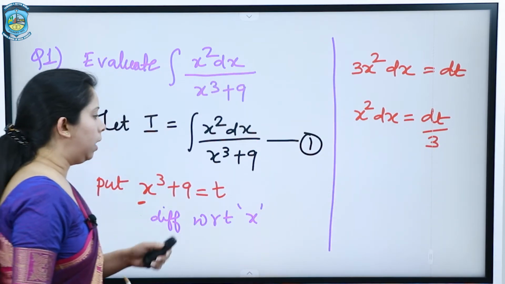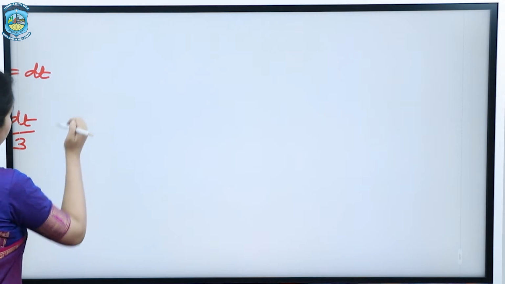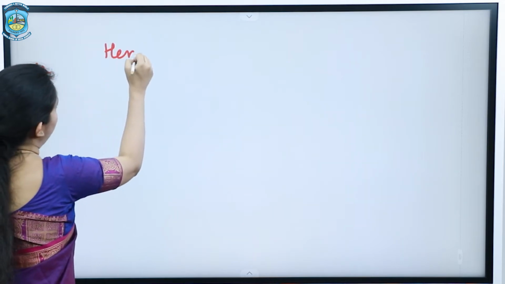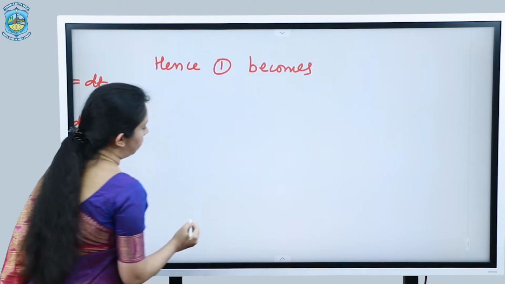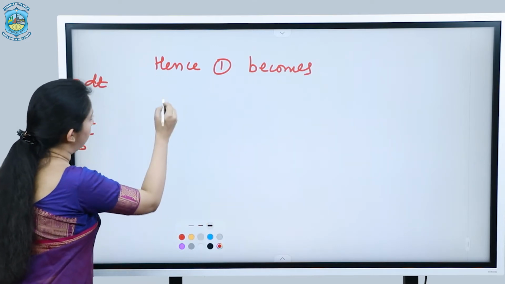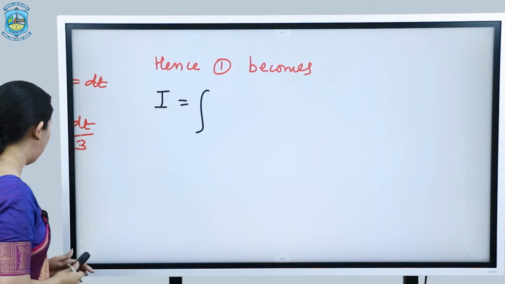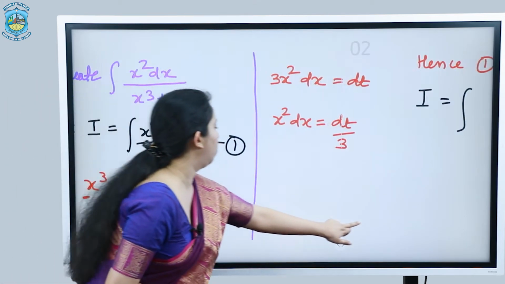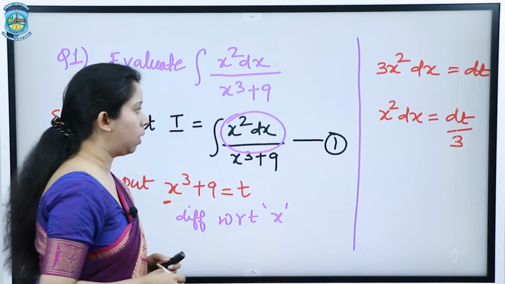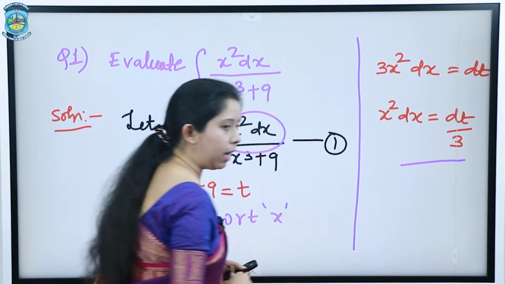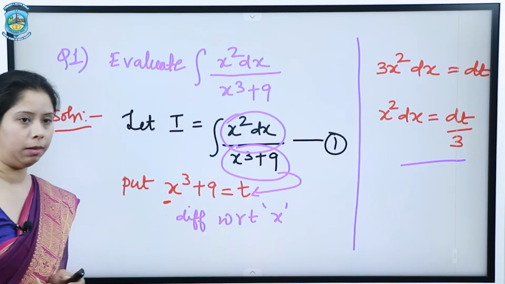So, now equation 1 will get transformed into, hence equation number 1 becomes, the left hand side will remain as it is, the left hand side was I, that is equal to, now in equation number 1, x square dx will be replaced with dt by 3 and x cube plus 9 will be replaced with t.